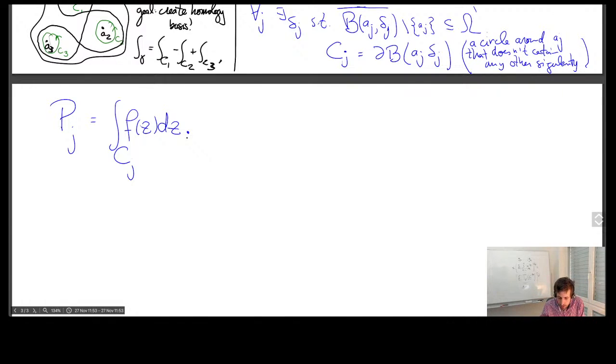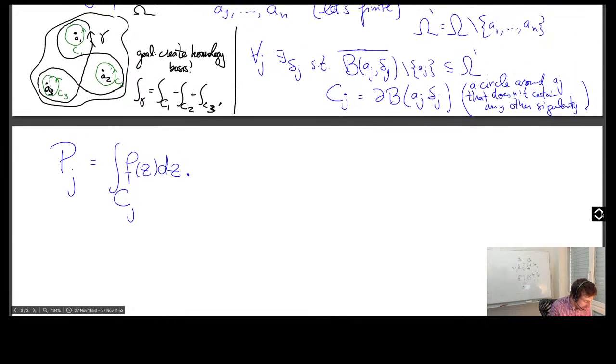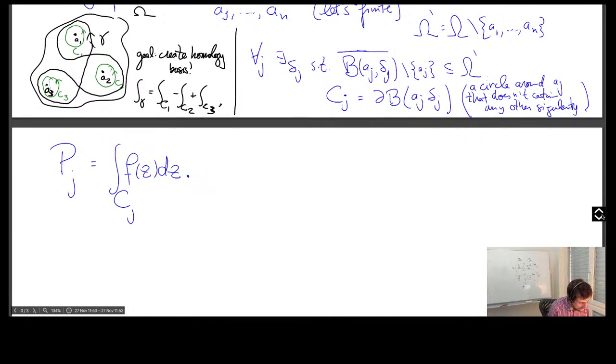So what does this mean? This means of course that if I have a function, we'll get there, but if I have a function and a curve, an integral over a curve in omega is going to be given by linear combinations of these quantities.